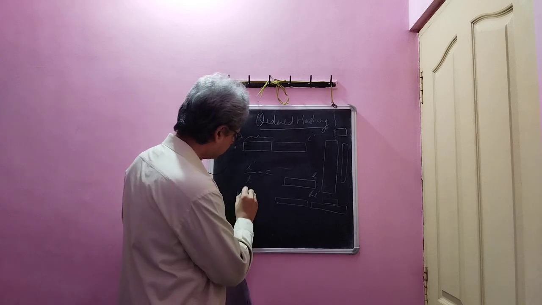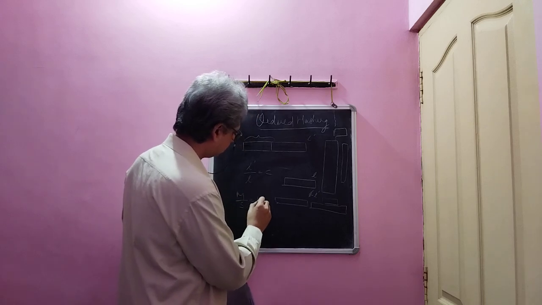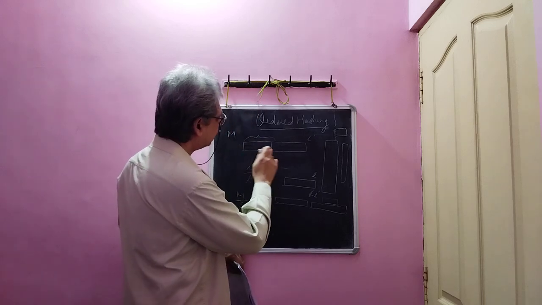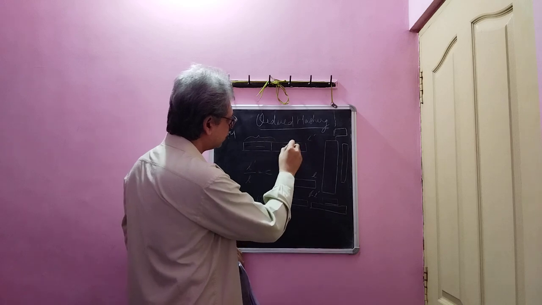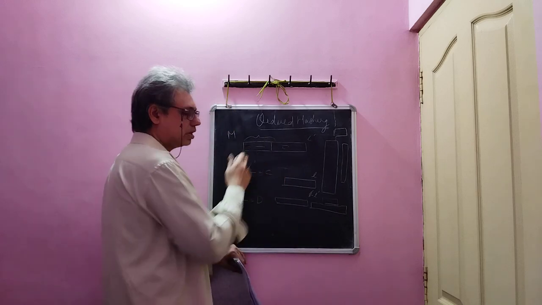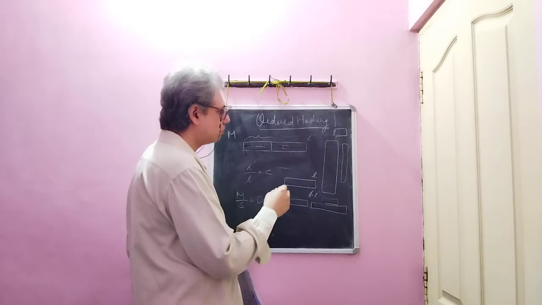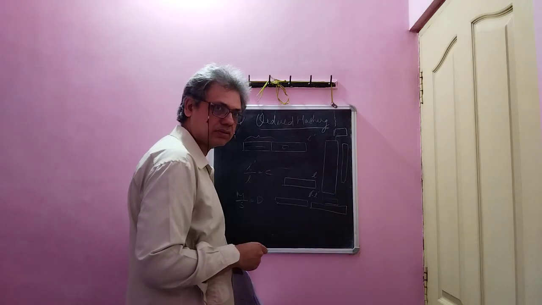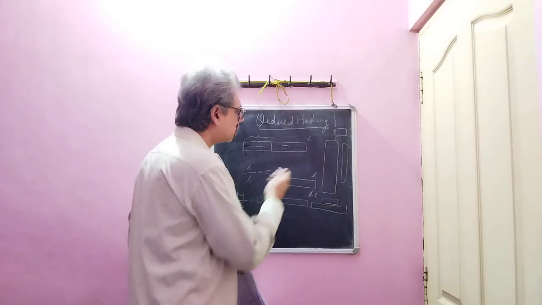So if we take M by S is equal to D, this leading part, the quotient part, is D. Each value of the leading part, which is the quotient, will be associated with different values of the remainder. So there is no way you can alter this fact.